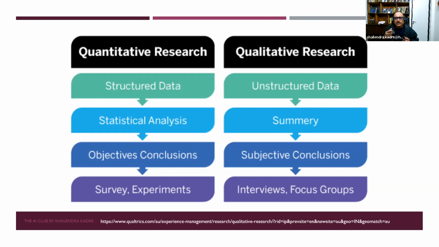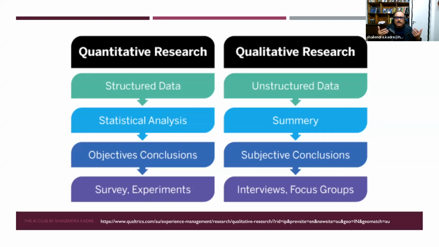I'm not taking it right now because it will take us off the track. So when we deal with qualitative research, we take information by talking to an expert. We take interviews and gather information. We form some groups and ask them to do group discussions, and based on that we take some information.